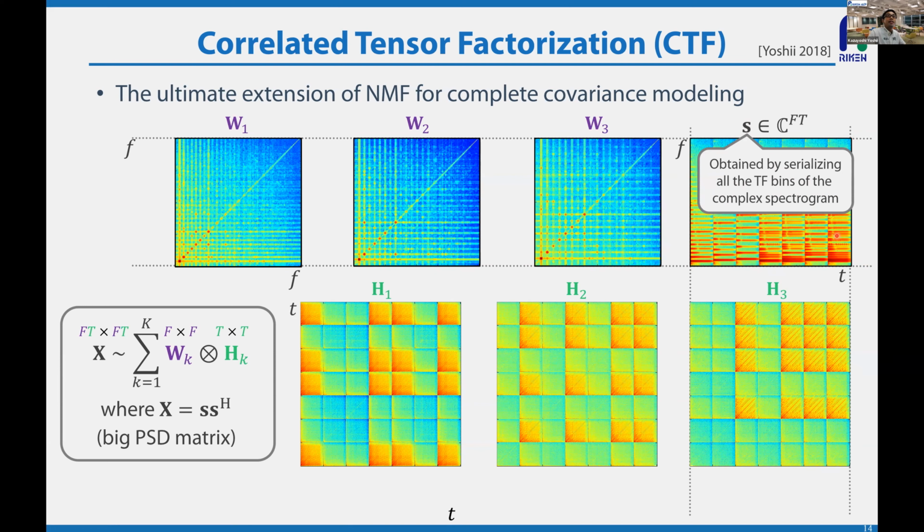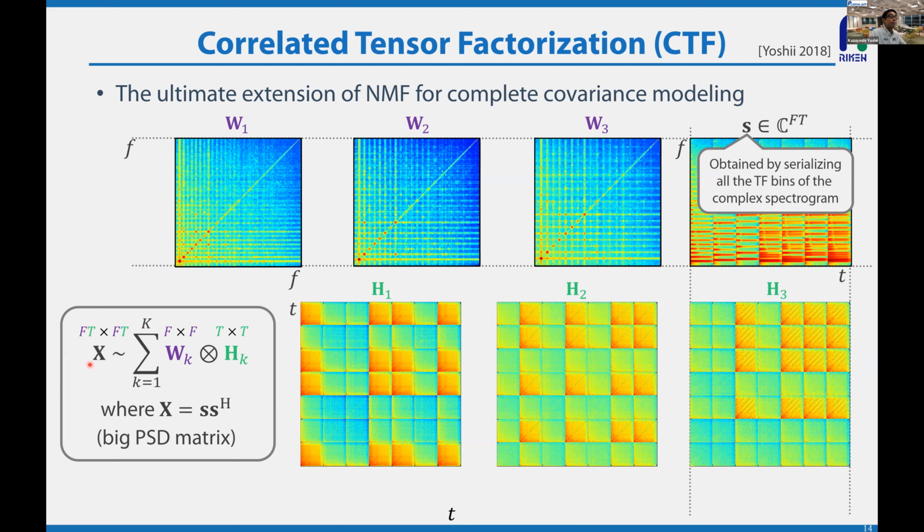You can serialize, list all the TF bins in a line, and then you can get a very long, very huge complex vector S. Using this S, you can calculate the observed matrix like this. So this is FT by FT. Typically, F is several thousand, T is several thousand. So it's a very, very huge matrix, very huge observation.